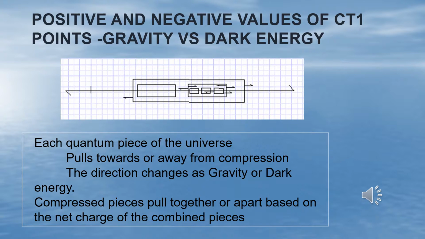The chart shown in this slide shows how the positive and negative values of CT1 are embedded in more compressed states, any of which may at any point in time pull either towards or away from compression. Each quantum piece of the information is constantly pulling towards or away from compression, and the direction changes as gravity or dark energy. The compressed pieces pull together or pull apart from one another based on the net charge of the combined pieces.